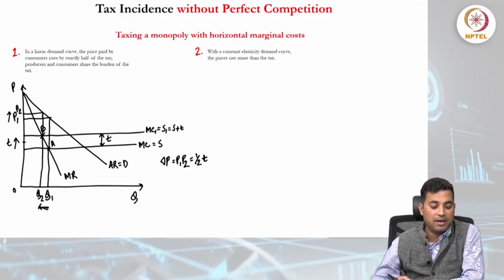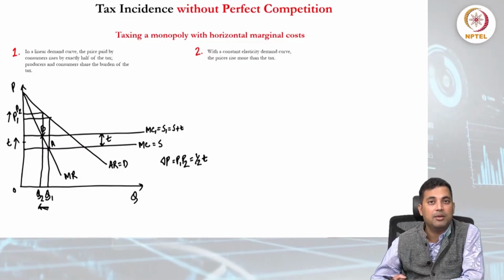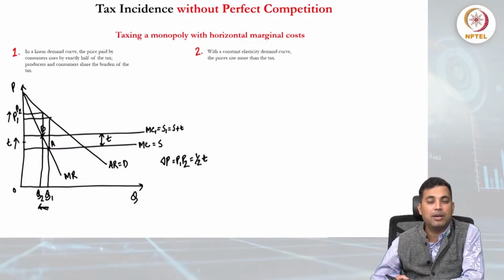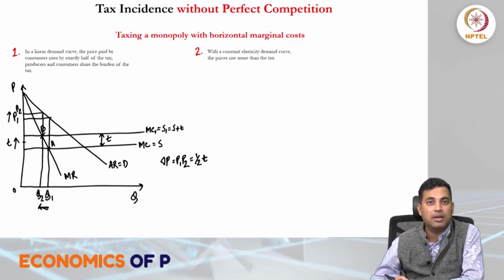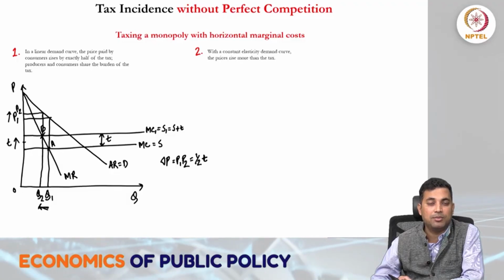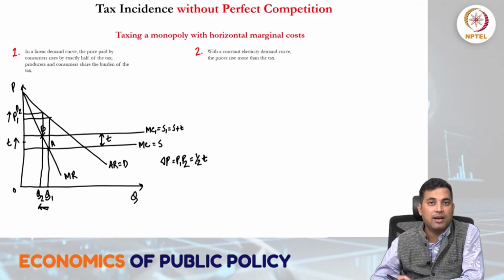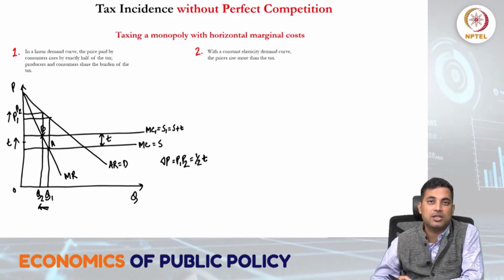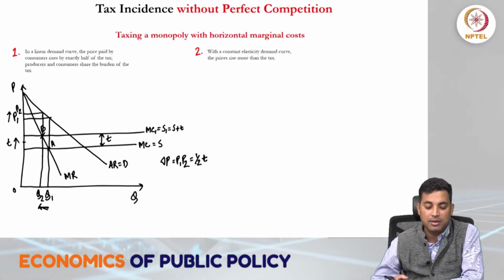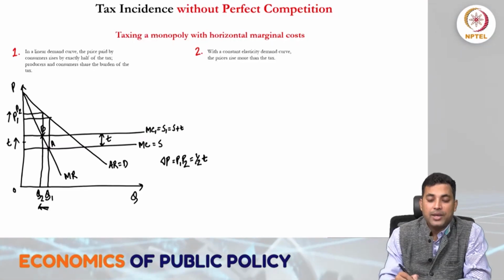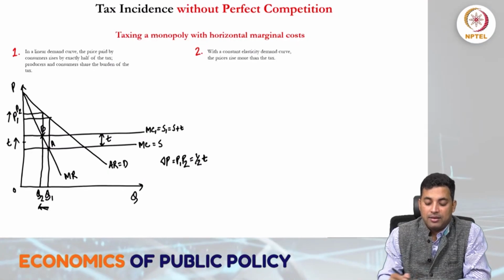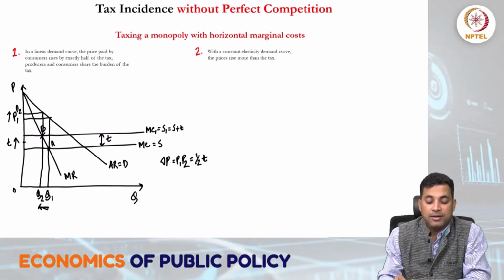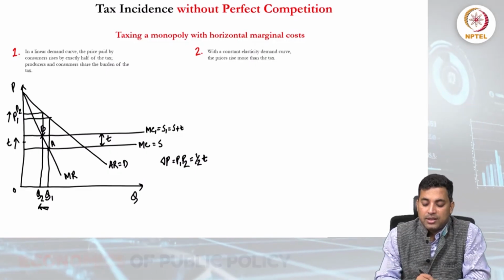So half of the tax will be borne by the producers, and only the P1 to P2 amount of the tax will be borne by the consumer, and a larger share of the tax will be borne by the producers.